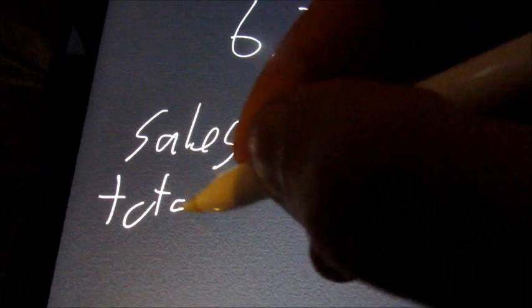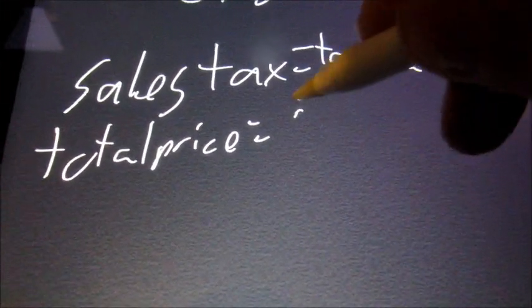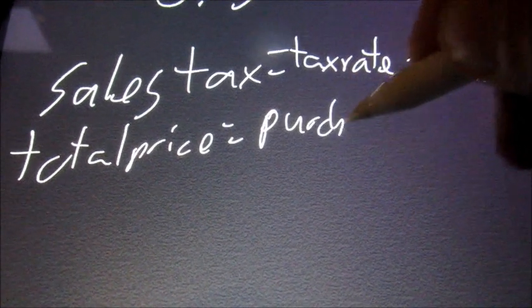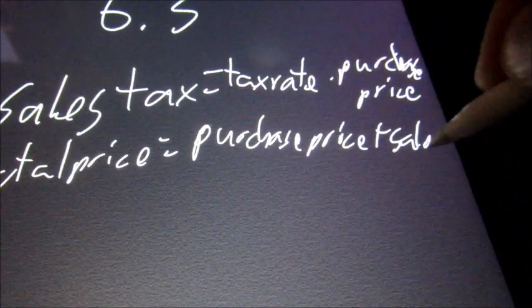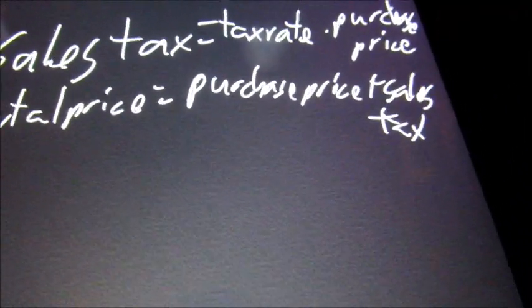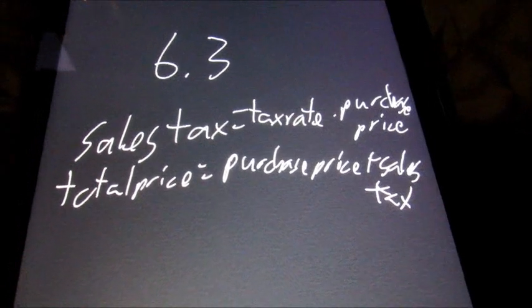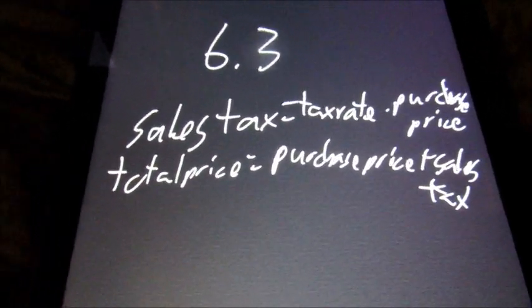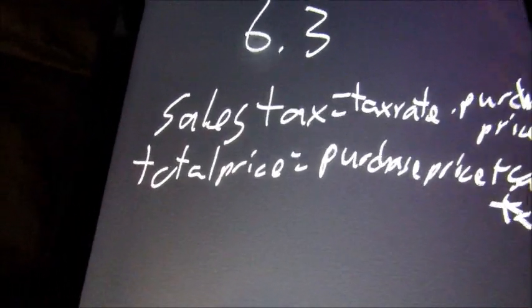And then the total price equals the purchase price plus sales tax. So you're going to be asked, what is the tax on something and what will be the total price? So let's do one of these.